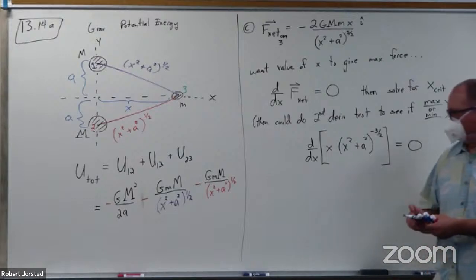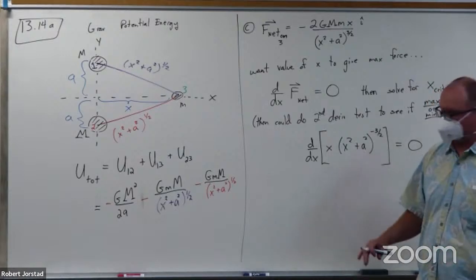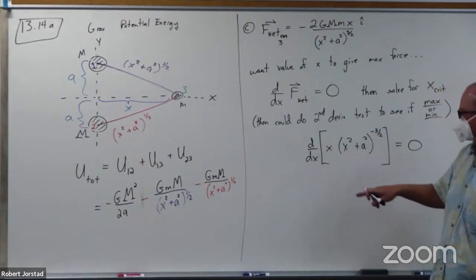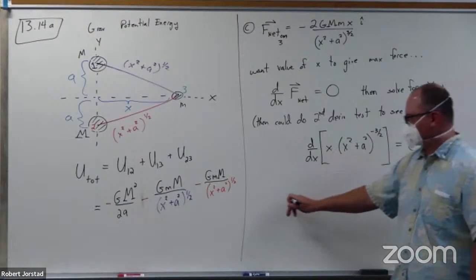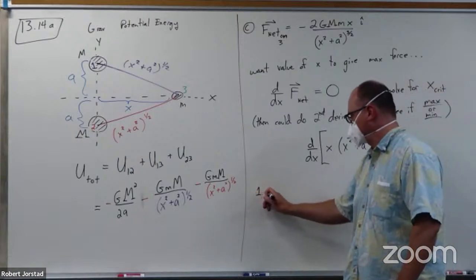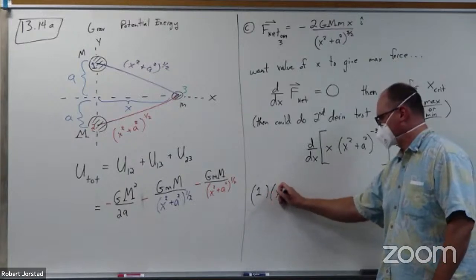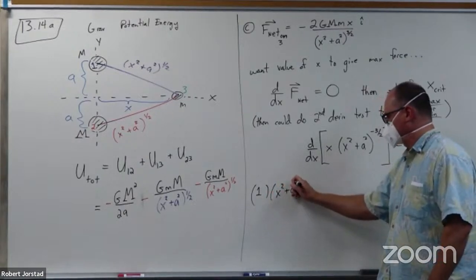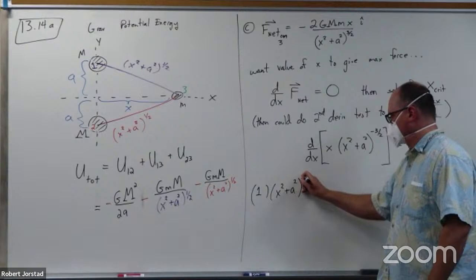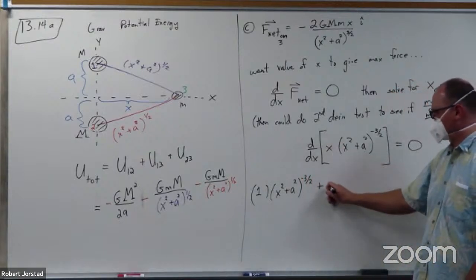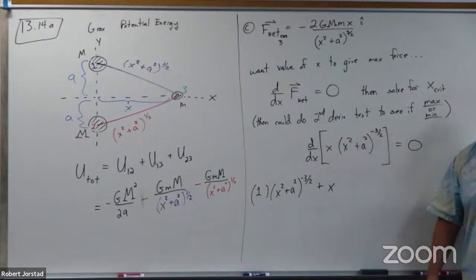All right. So let's just work through at least the first step of the product rule to see if you guys have a clue. Okay. What do we do here? I'm going to do derivative of the first times the second plus the first times the derivative of the second.